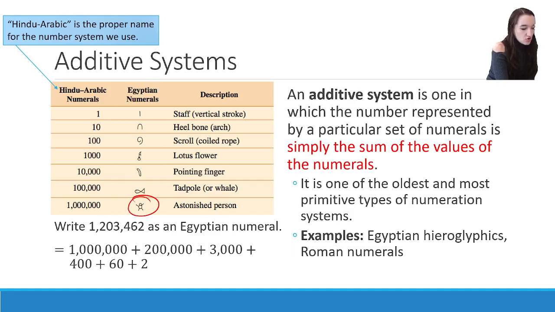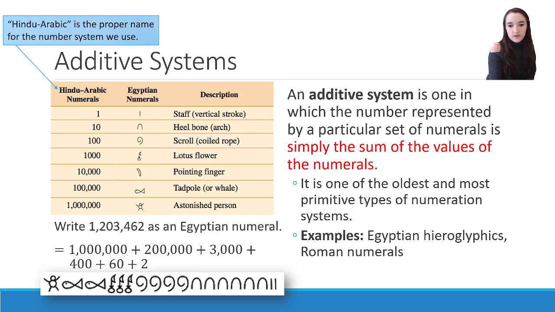We have 200,000, so that's 2 tadpoles. We have 3,000s, so that's 3 lotus flowers. We have 400s, so that's 4 scrolls. 6 10s, that's 6 heel bones. And 2 1s, that's 2 staves. Like so.